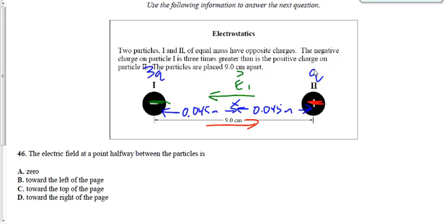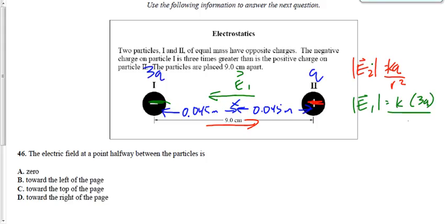Let's say E2 is kQ over r squared. E1 would be k times 3Q over r squared, which becomes 3 times kQ over r squared.